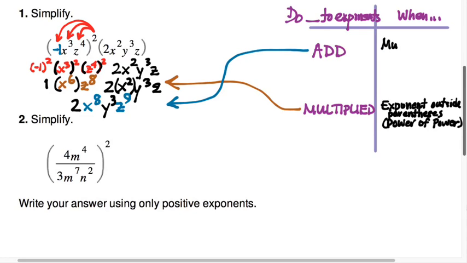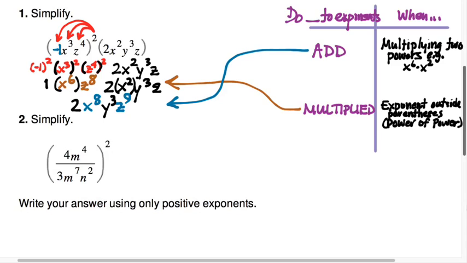X to the 6th and x squared are being multiplied by one another. So we're multiplying two powers, such as x to the 6th times x squared. So the difference is a difference in the type of arithmetic that we're doing to the powers of x or y or z.